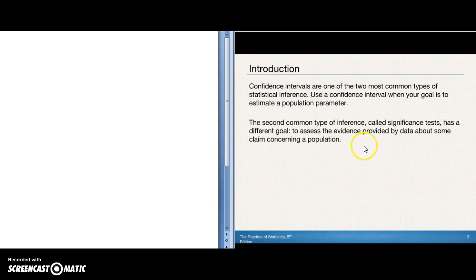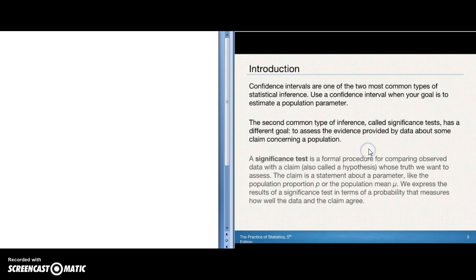In this chapter, we're doing our second type of inference called a significance test, and it has a different goal: to assess the evidence provided by data about some claim concerning a population. That will become more clear as we do some examples. So again, a significance test is the formal procedure for comparing the observed data with a claim. We call that claim a hypothesis, whose truth we want to assess.